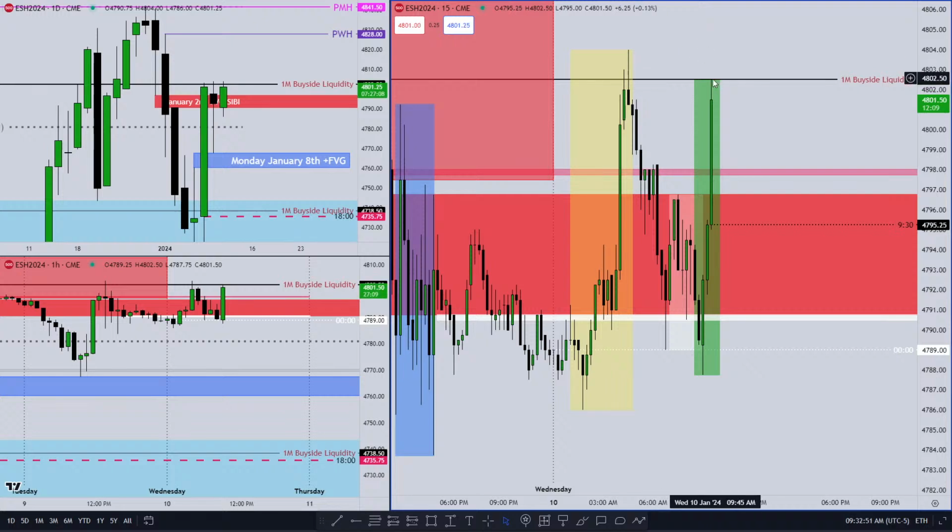It's not in the same vicinity of that high to current market price. So I'm anticipating an SMT, meaning the high of this is breached on S&P and not on NASDAQ. So that would give you that Judas swing effect where it went up only to go down.